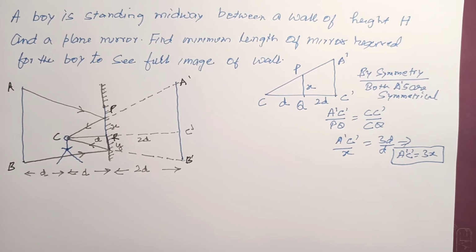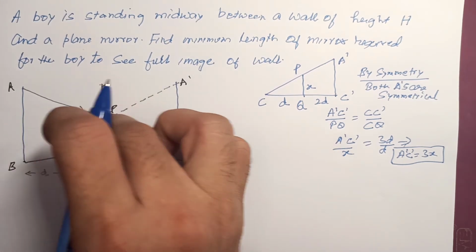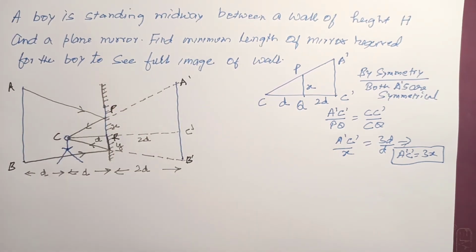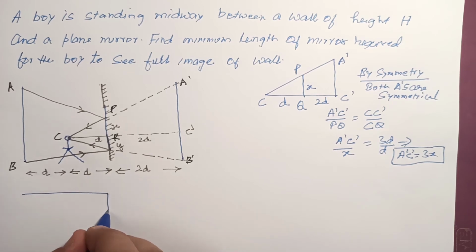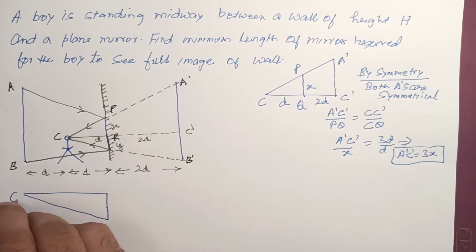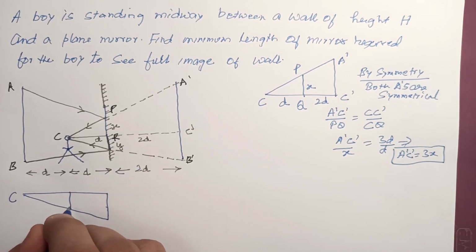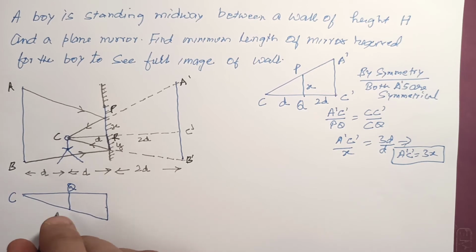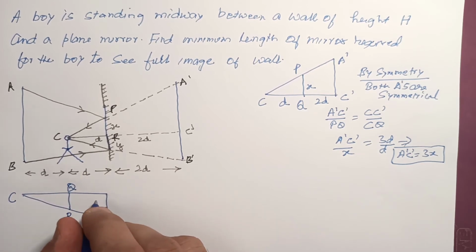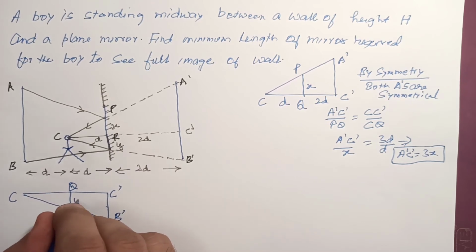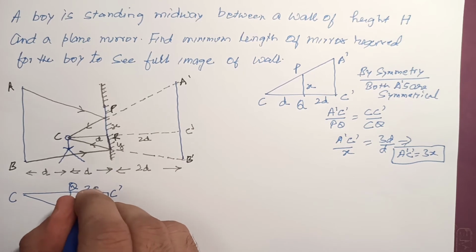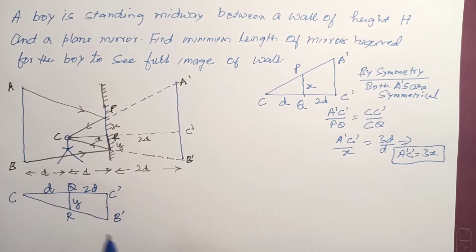Now we will take the lower triangle, in exactly the same way. If we draw the triangle, this is C, this is Q and R, C dash, B dash, this is Y, this is 2D and this is D, right?